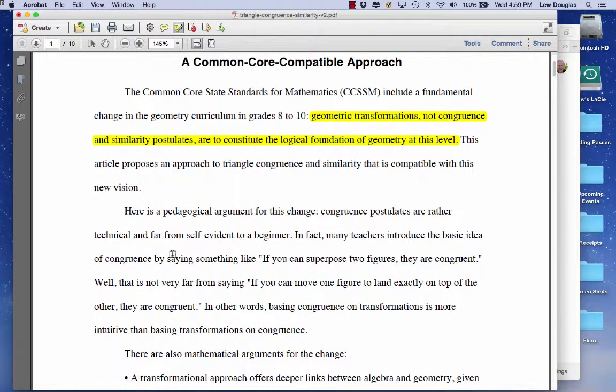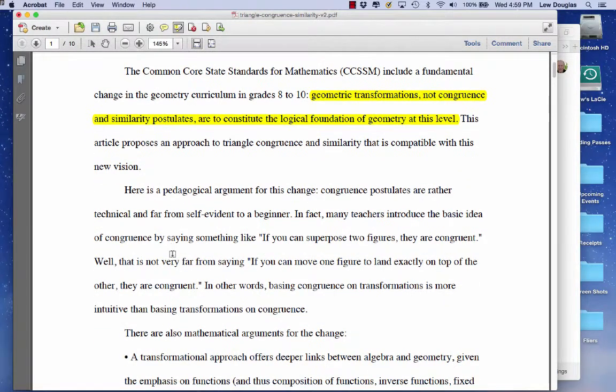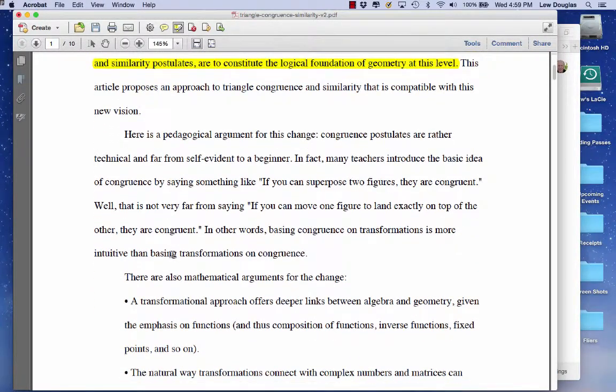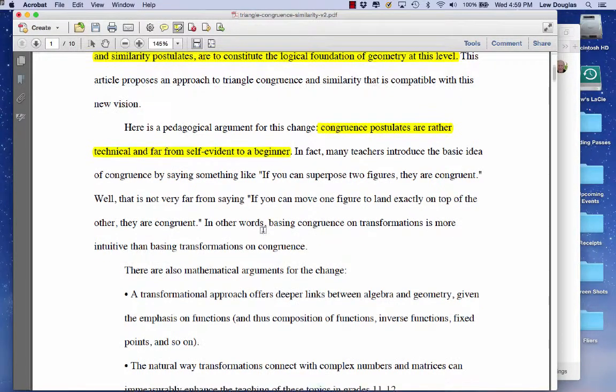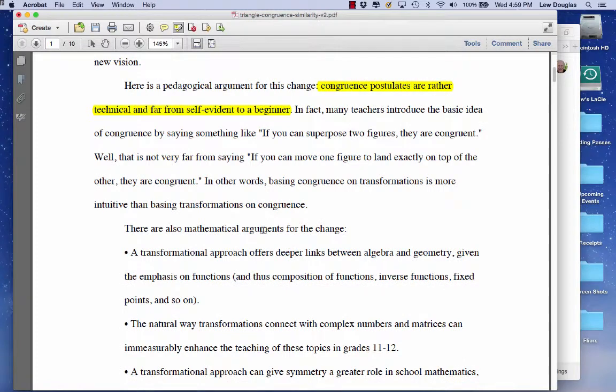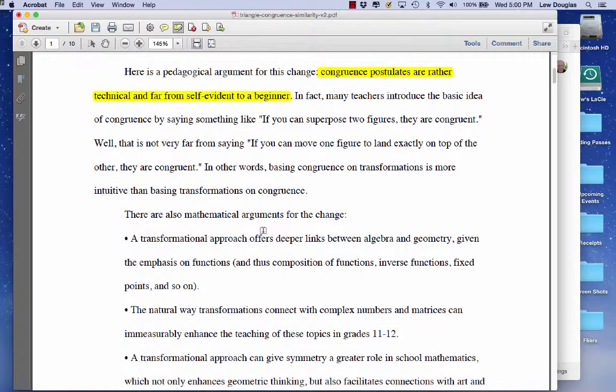And so that makes it better for a whole lot of reasons. First of all, as it says here, congruence postulates are rather self-evident. And we use words like move and stuff like that when we talk about congruence anyway in geometry.